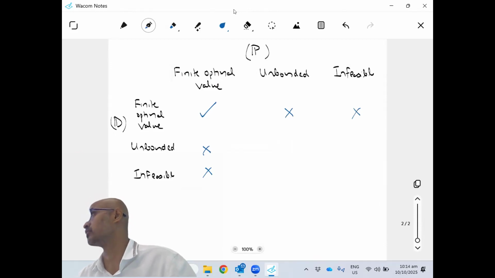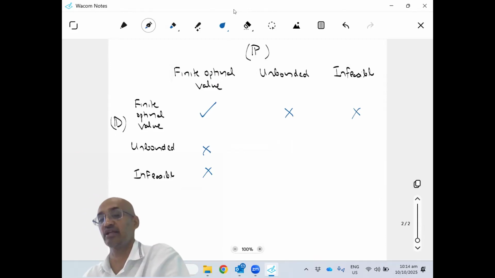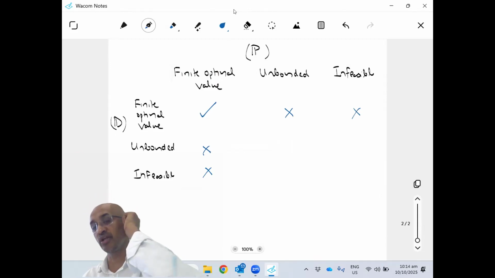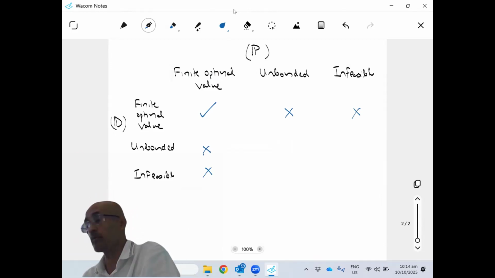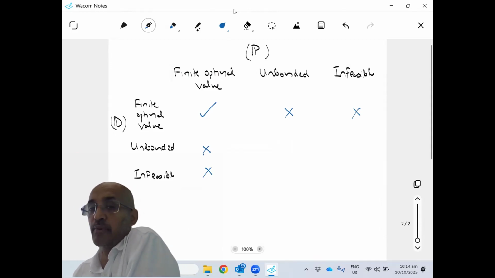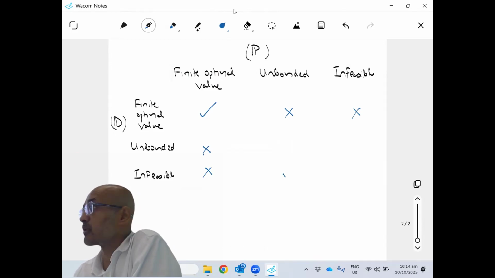This is strong duality. If one has a finite optimum value, the other also has to have it and they have to match. So these four possibilities cannot occur. As an implication of weak duality, we saw that if the primal is unbounded, the dual is infeasible.